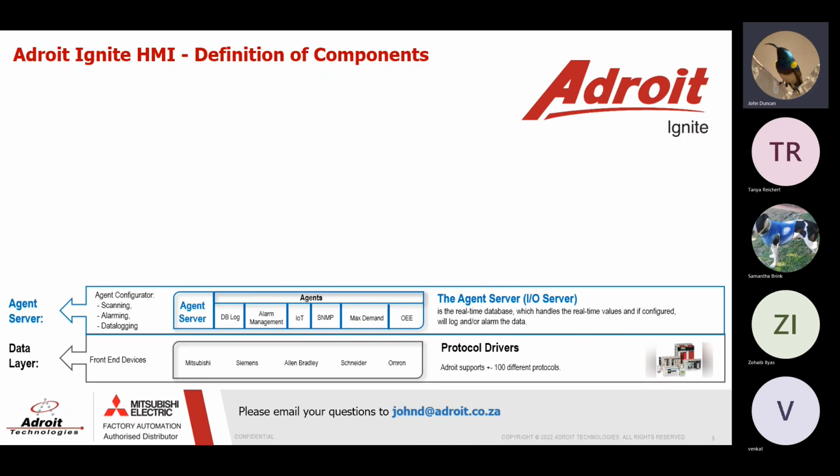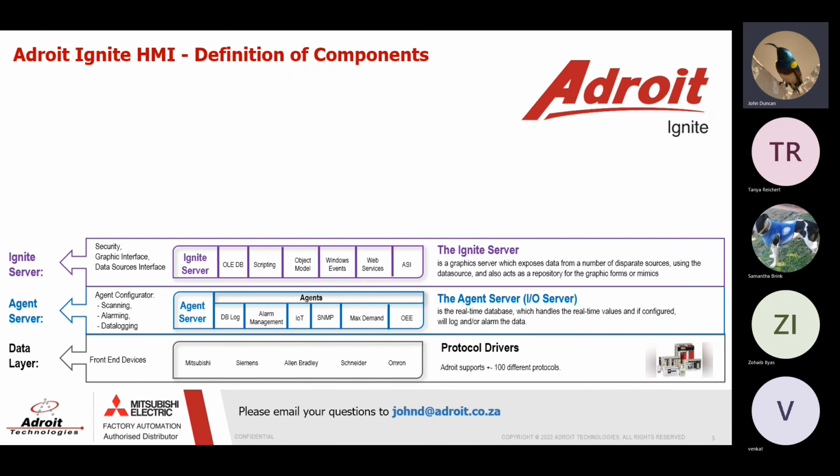The next level is what we call our agent server. Inside the agent server, this is responsible for housing all the agents, and it'll do all the scanning, the alarming, and the data log of all the agents concerned. Agents in this case, you'd maybe be more familiar with the expression scan points or tags. I will explain what an agent is a little bit later on in the presentation.